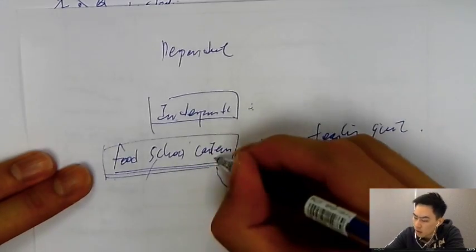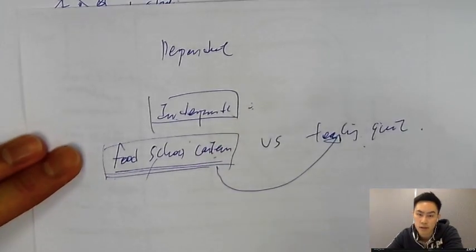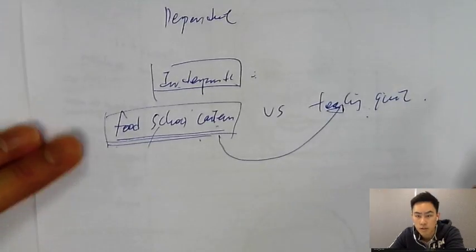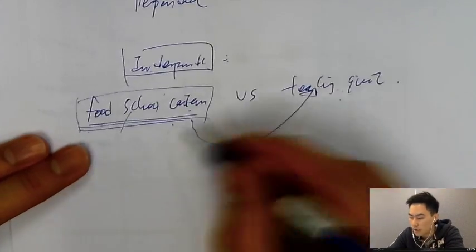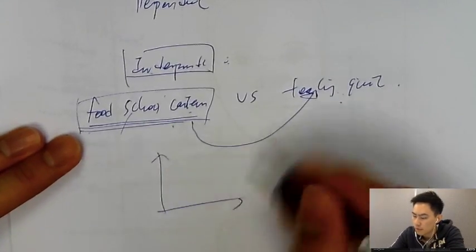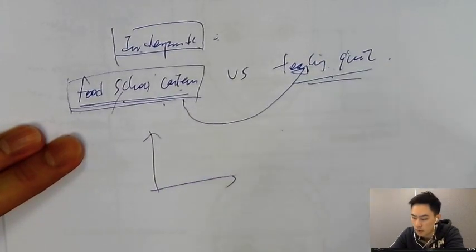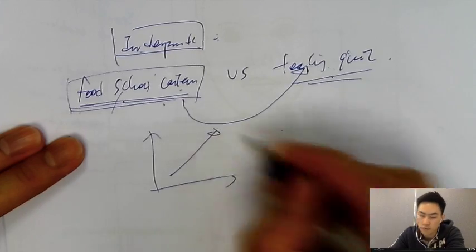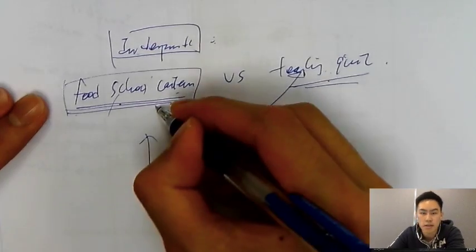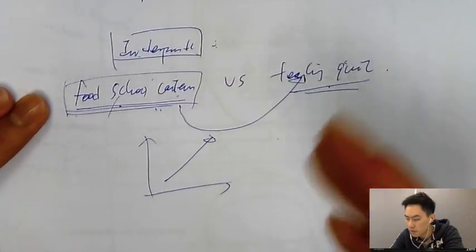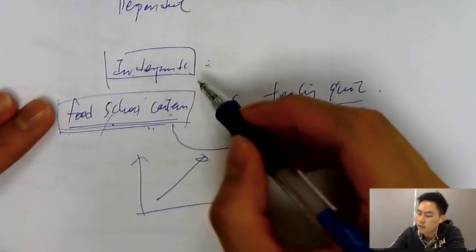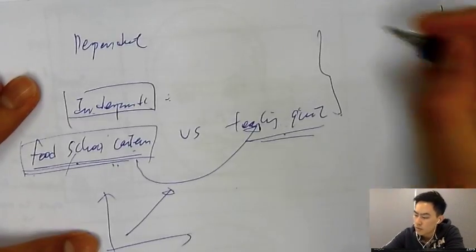So this is not the cause. This is not the result of that. Okay, but there may be correlation, maybe coincidentally. Okay, so your food in canteen improves, and at the same time, teaching quality improves. So maybe there is a positive correlation. Okay, but this one is definitely not the cause of the teaching quality. Okay, so then you can say the chi-square test.